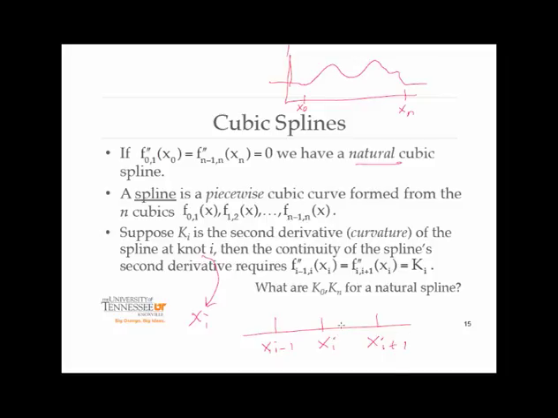What we want to have happen is, remember, this function lives on this subinterval, this function lives on that subinterval, and we want their second derivatives to agree at x_i, this point.